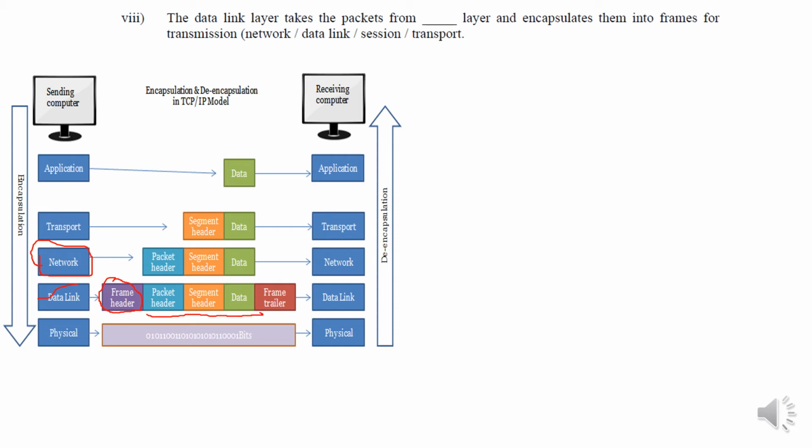Then the whole thing is called a data frame, and it sends the whole thing to the physical layer, and finally the physical layer converts it into 0 1 bits and transmits through the medium, maybe wireless medium or maybe wire medium. So the data link layer gets the data from the network layer, which is just above the data link layer.